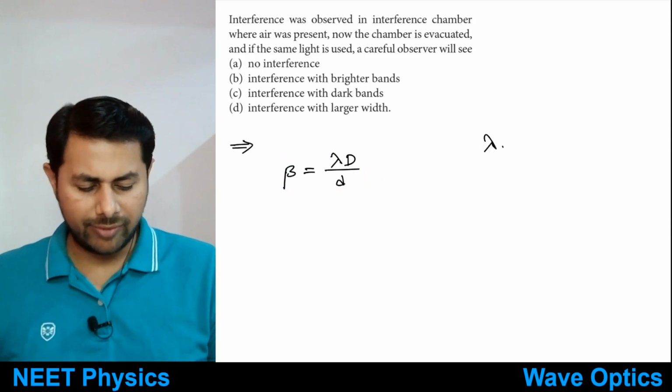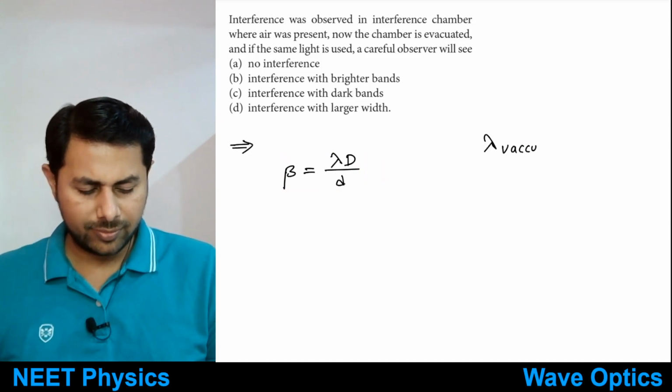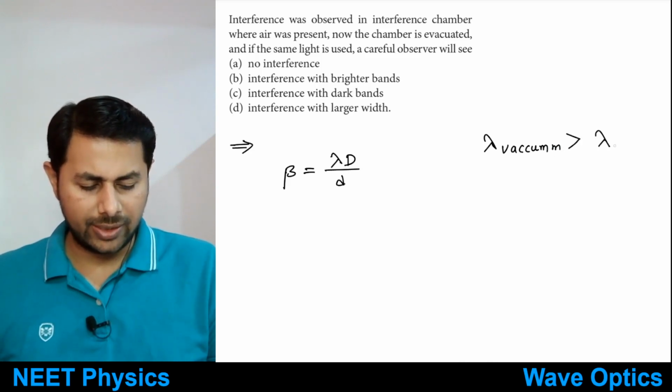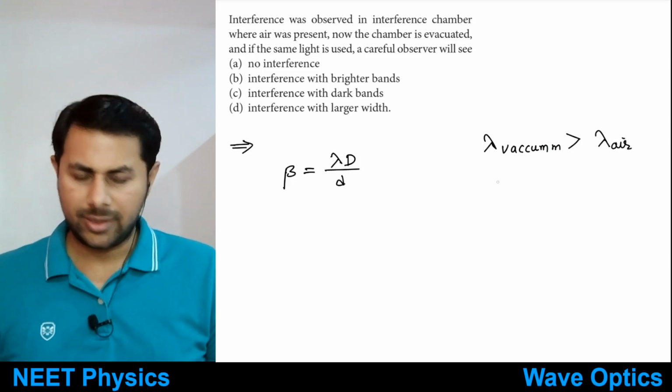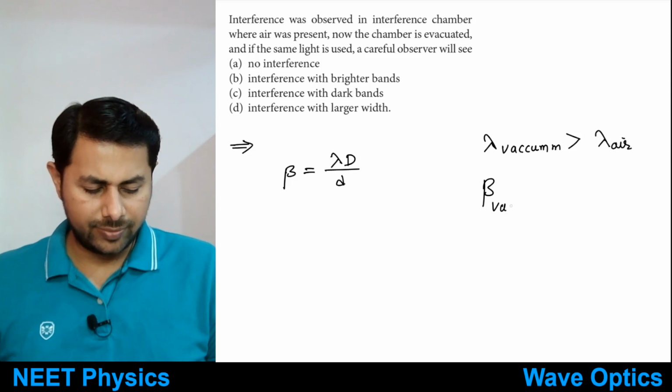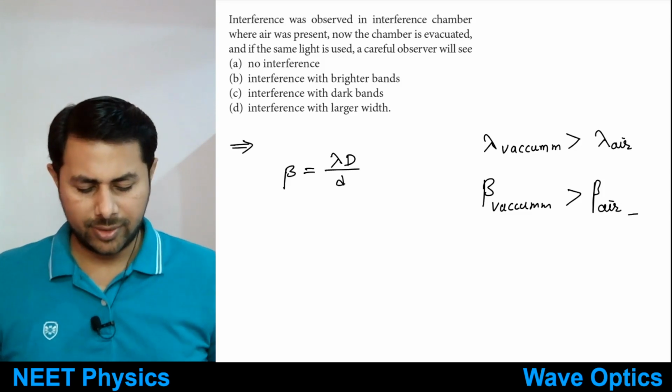So the wavelength in vacuum would be greater compared to that in air, and therefore beta in vacuum is also greater than beta in air, right?